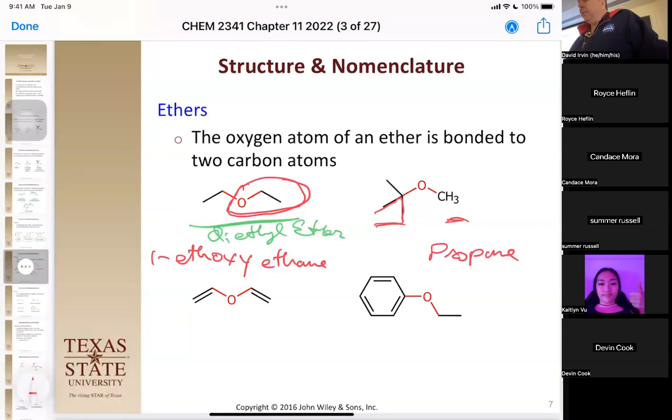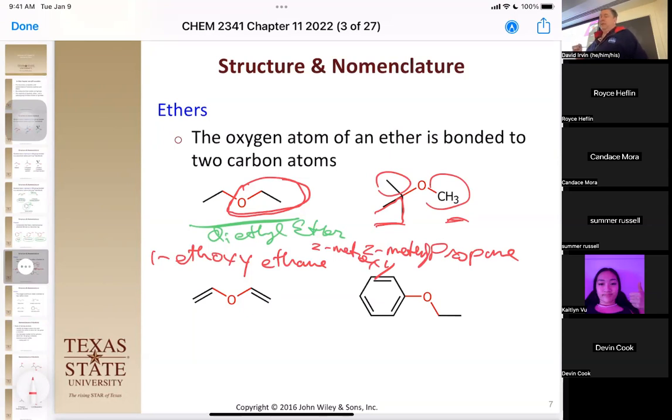Now we have substituent 1, the methyl group, and substituent 2, the methoxy group. So that's going to be 2-methyl, 2-methoxy. And methoxy comes before methyl alphabetically. So it's going to be 2-methoxy-2-methylpropane.